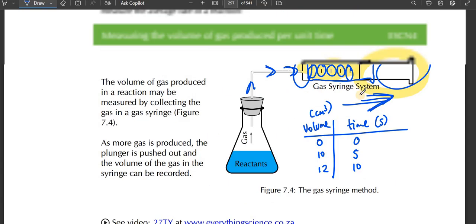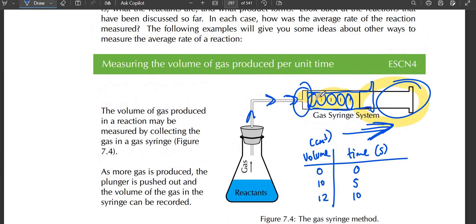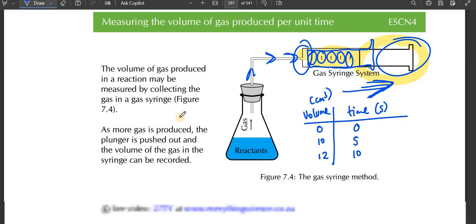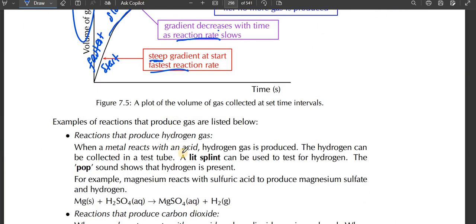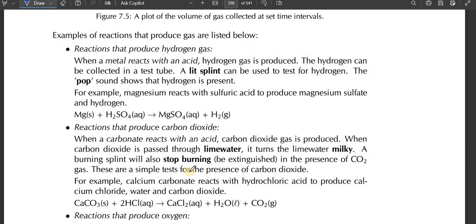Now, usually, since the gas is collecting inside the syringe, you might want to test what type of gas is there. Usually you can be collecting hydrogen gas, or you can be collecting carbon dioxide gas.